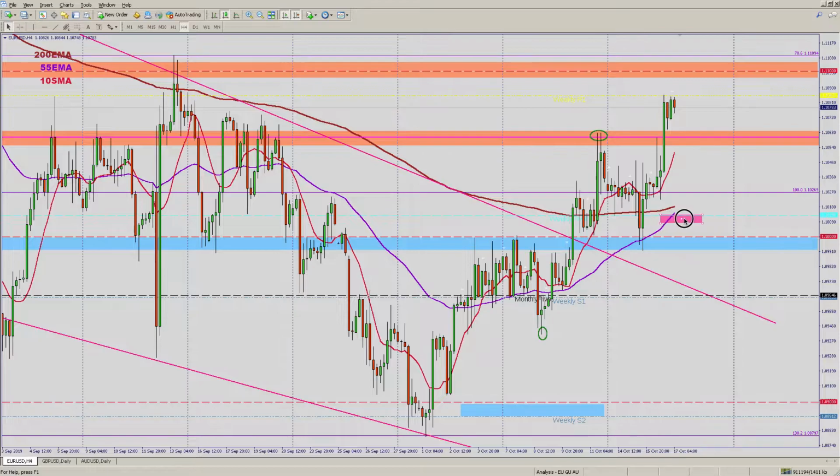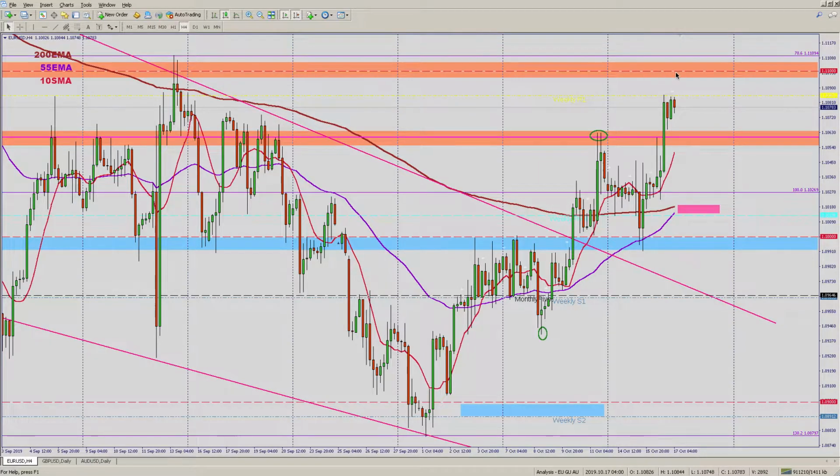So this support zone has moved slightly higher with the dynamic moving averages of the 200 period and the 55 period EMA rising up. And we'll see whether this level has now turned into a key support or whether it may retrace lower as well.